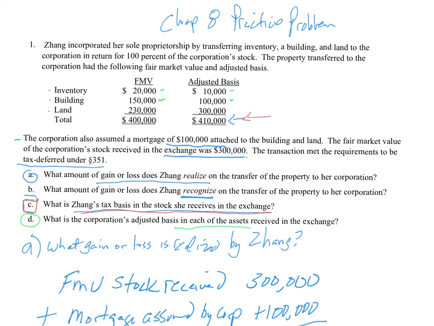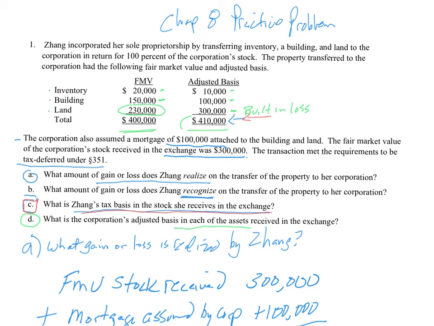Again, no built-in loss. Now, what do we see with the land? With the land, we have an adjusted basis of $300,000, but fair market value has fallen below the adjusted basis. So here we have what is called a built-in loss. And we can see that our total adjusted basis is larger than our total fair market value.